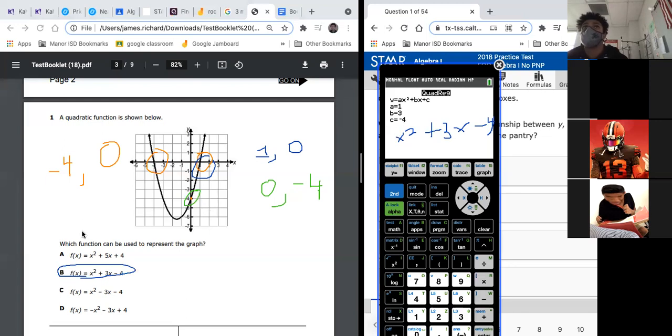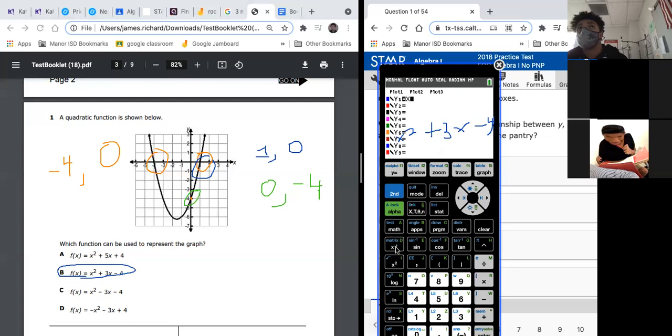And if you really wanted to get crazy with it, you could double check by pressing y equals, typing in this equation and seeing if it matches. So y equals x squared plus 3x minus 4.